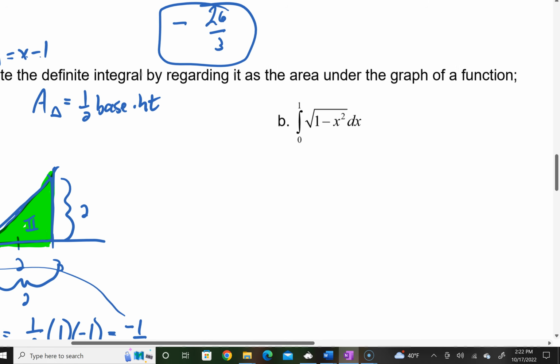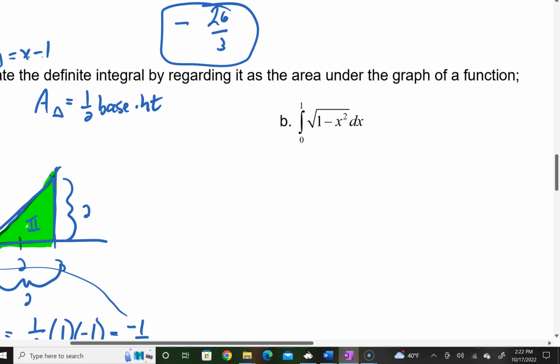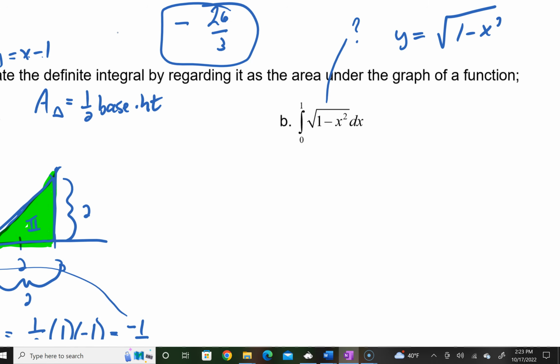Let's take a look over here. This one can seem so peculiar. You look at this thing and you'll probably think, oh my gosh, how in the world am I going to work with this thing? You're telling me y equals radical 1 minus x squared, and oh my gosh, what is this thing? You know, it's not nearly as simple as a line.